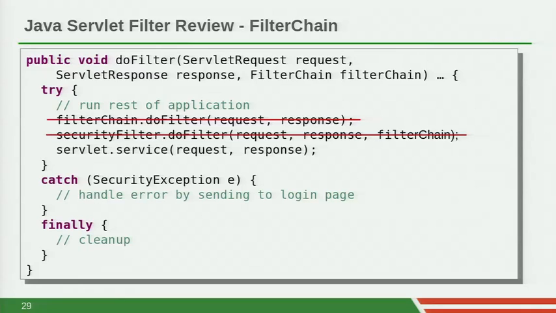And this is important because in Spring Security, we use filters as building blocks so that you get the best usability and reusability out of Spring Security as possible. So one filter might try to run the rest of the application. And then you might have another filter, say a security filter, and that filter might say, does the current user have access to this URL? If not, it will throw a security exception.